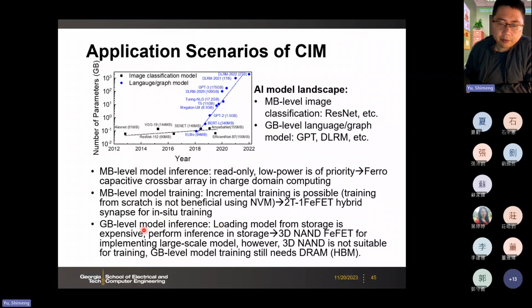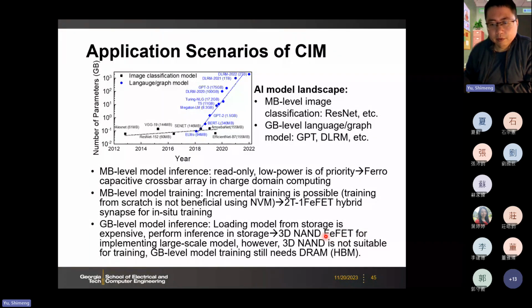So this is a play for 3D NAND only. And here the ferro has a very good chance to be used in the 3D NAND architecture. Because as I said earlier, the FeFET is very similar to today's charge trap transistor. The only difference is the ferro dielectric versus the charge trap dielectric.